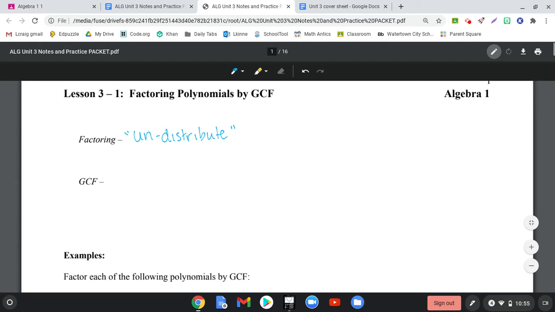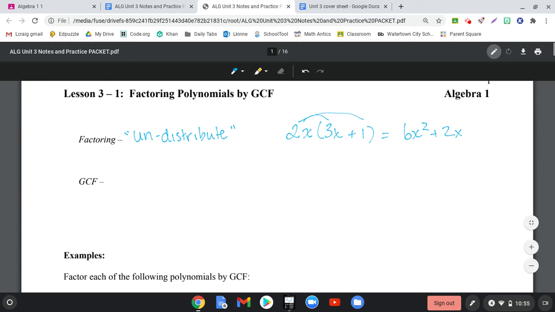For example, if I were to have given you 2x times 3x plus 1, you would multiply the 2x by the 3x and get 6x squared, and the 2x times 1 to get 2x.